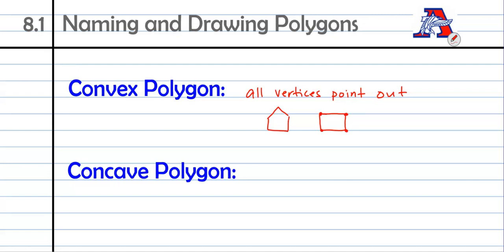Okay, now a concave polygon is where at least one vertex points in. A lot of people like to remember this as "caved in." Concave is caved in. That might help you remember that a little bit better.